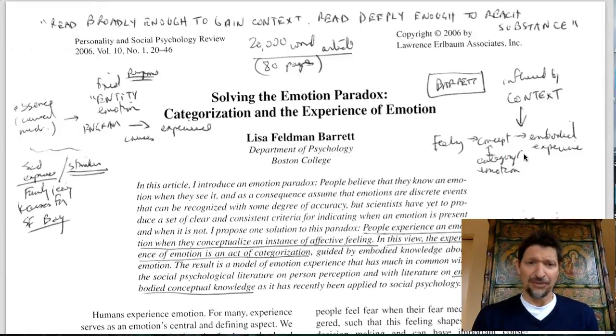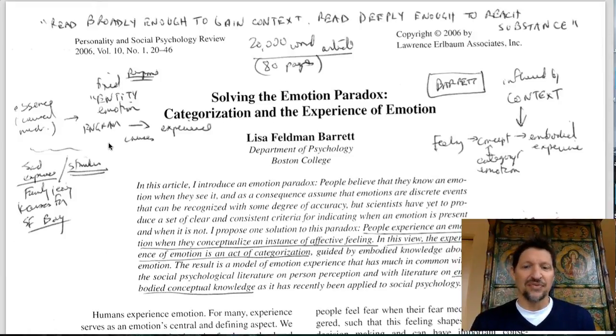Basically, it's quite simple. In the old model, there's this notion of a causal mechanism, some kind of stimulus, some essence, that essentially drives emotion, and it creates an entity, an emotion that then creates the experience.